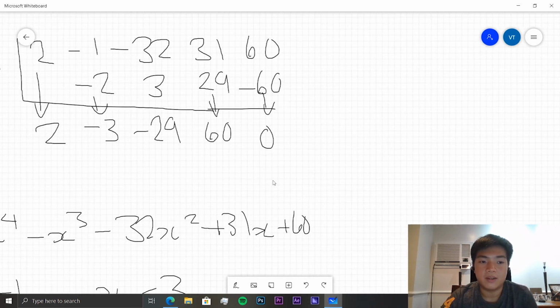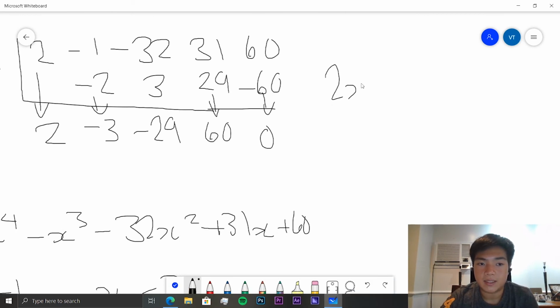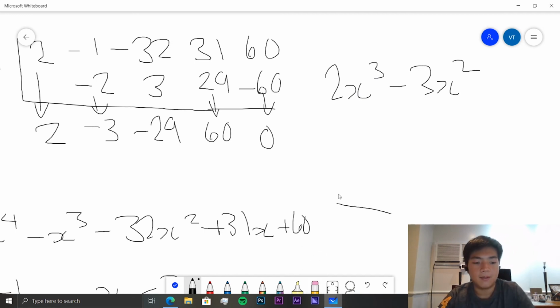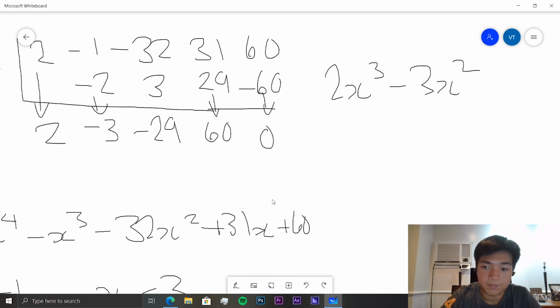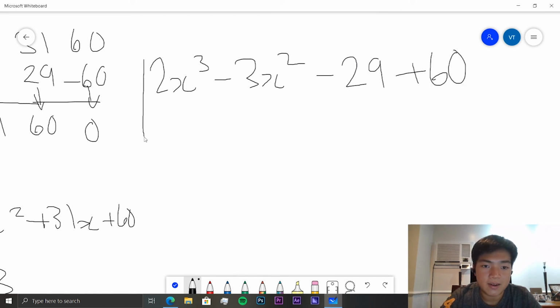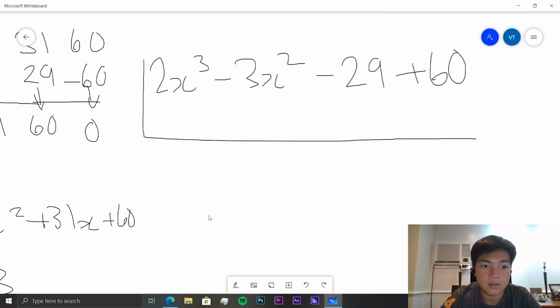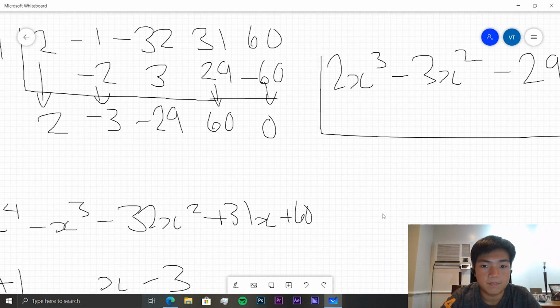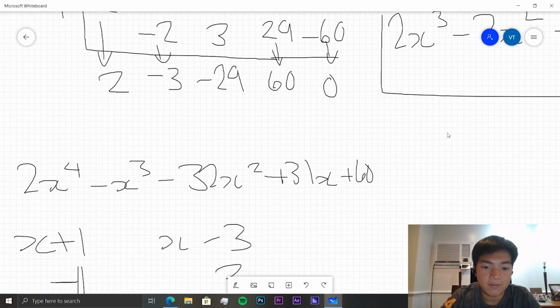So our new polynomial would be 2x squared minus 3x minus 29x plus 60. So now let's divide this again by x minus 3.